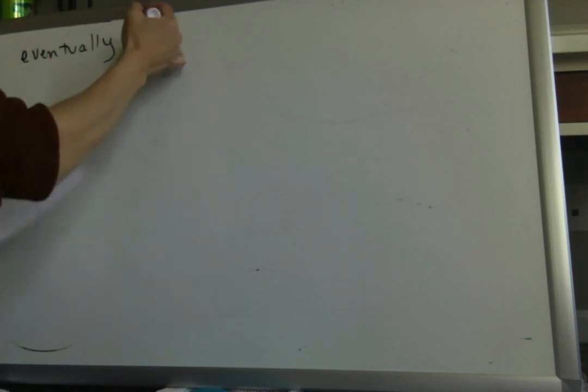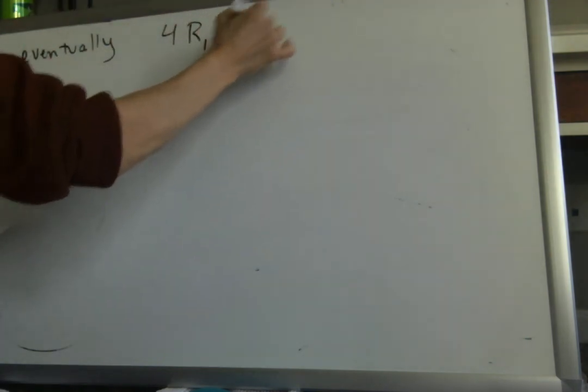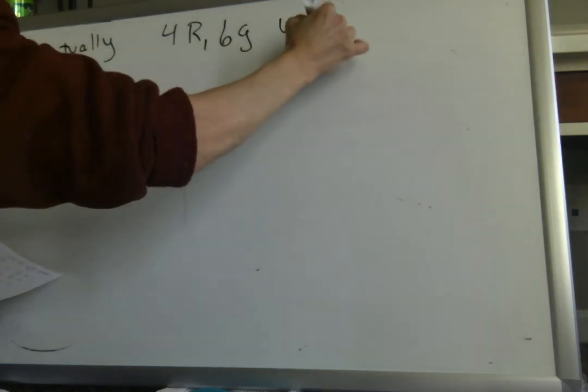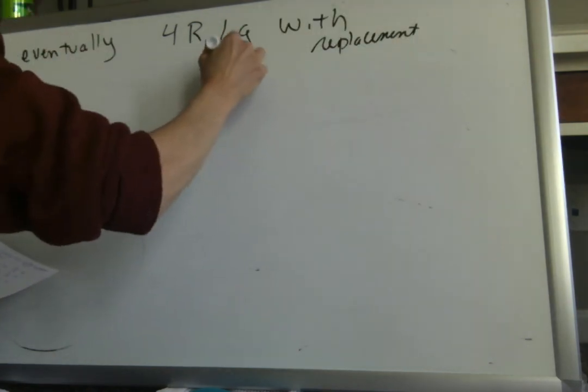But again, sometimes we don't care about the entire problem. They're just going to ask some very specific questions. So we're doing the exact same problem. We're still doing the 4 red, 6 green, with replacement, where we're picking 2, okay?